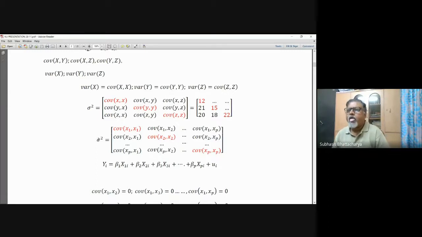For example, if you have some knowledge of multiple regression, I write one multiple regression equation: y is equal to beta 1 x1 plus beta 2 x2 plus beta 3 x3 and so on, up to beta p xp. So here y is the dependent variable. Say it is the amount of money spent on mobile data recharge by the students.